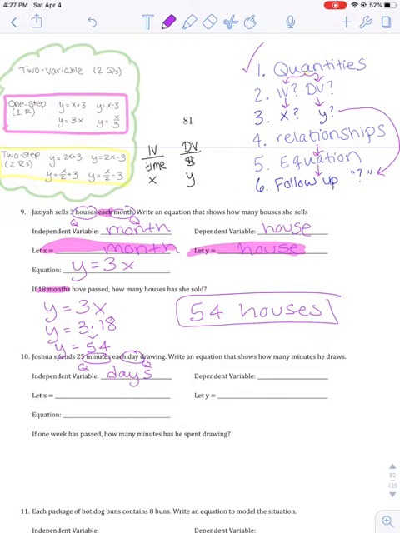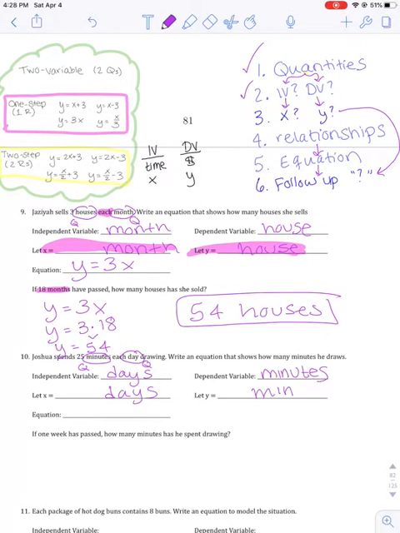So I think days are independent because it's more powerful. The days that have passed take control over the situation. The minutes he's drawing isn't really in control of anything because 25 minutes is like a random number. It doesn't determine how many days have passed. So I'm going to say days are independent, minutes are dependent.